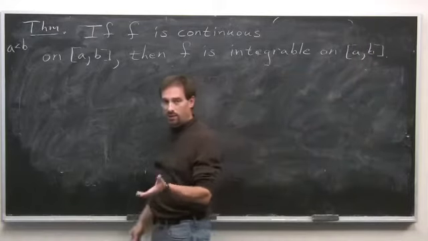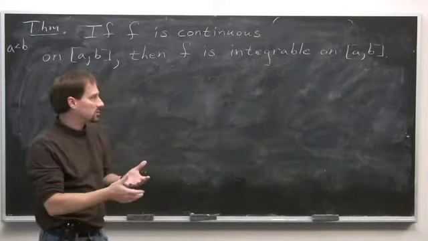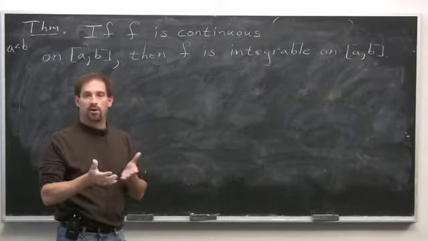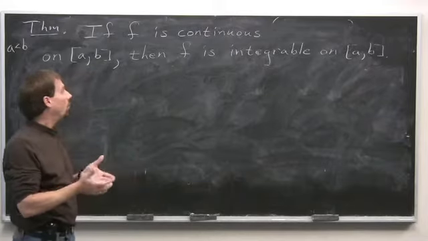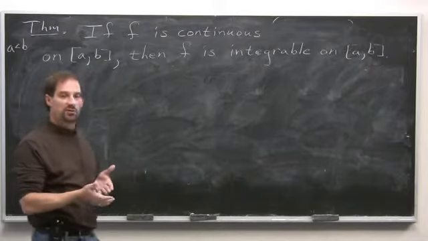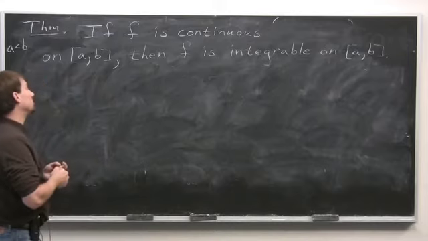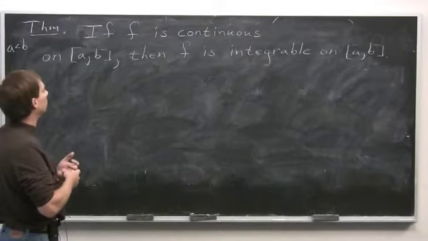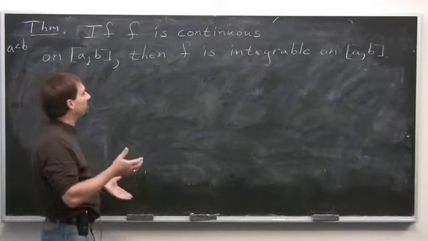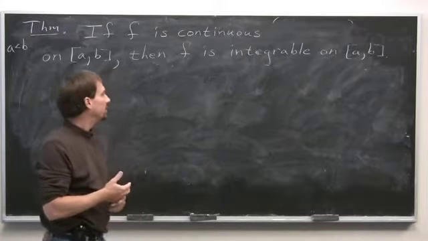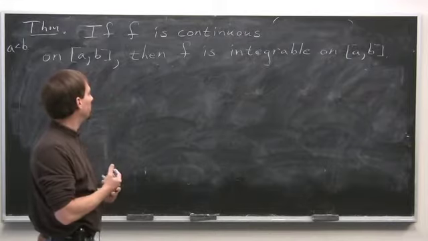So this means that all these things I've been talking about for integrable functions, like linearity and monotonicity, hold for continuous functions, and the graphs I've been drawing had been of continuous functions. This is nice. In fact, you can be a little more general than this. F is allowed to have a finite number of places where it's not continuous, and then it's still integrable.